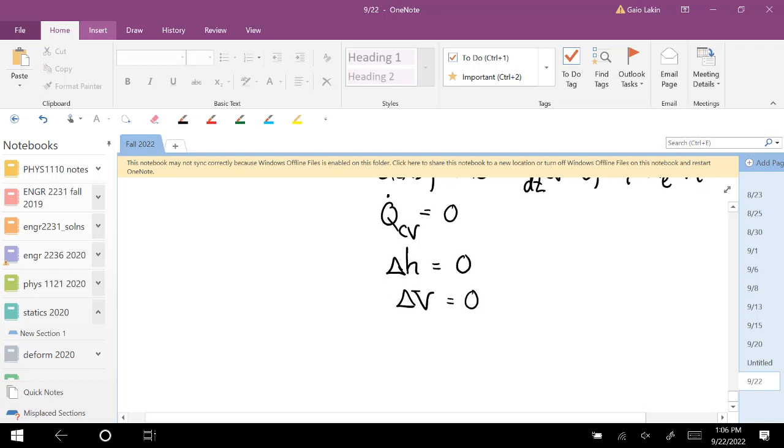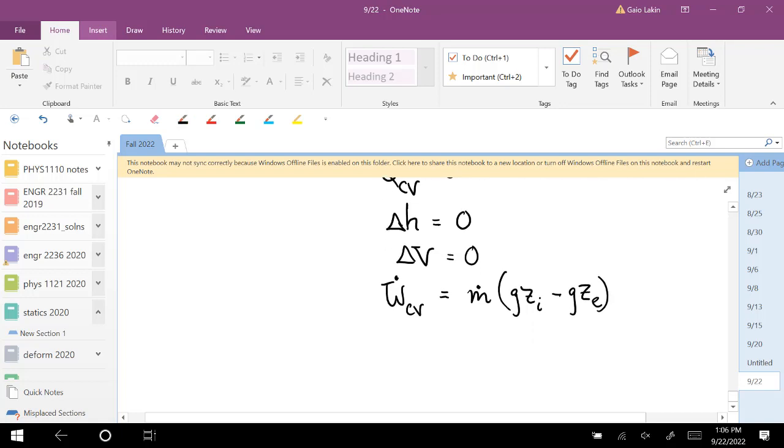And so you end up with a form that W dot for the control volume is equal to m dot times the quantity gz inlet minus gz exit. And both sides of this equation are 0. Not 0, negative.